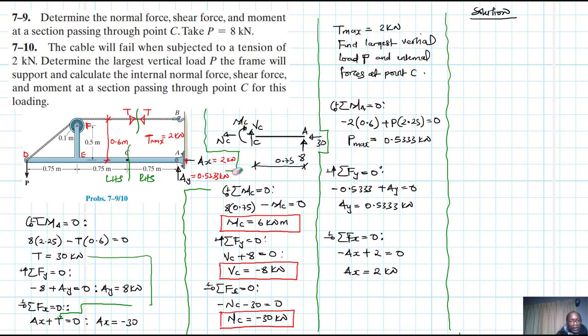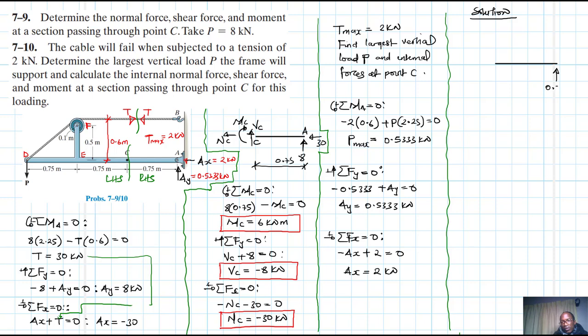Okay, so these are the values that we are going to use when we've done the sectioning. So we've done the section already, so we're just going to use the right hand side, which is simpler.